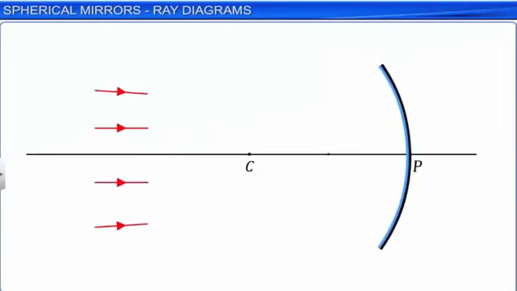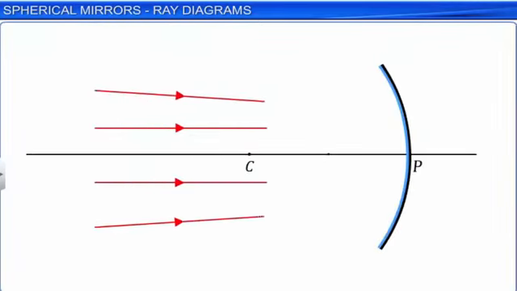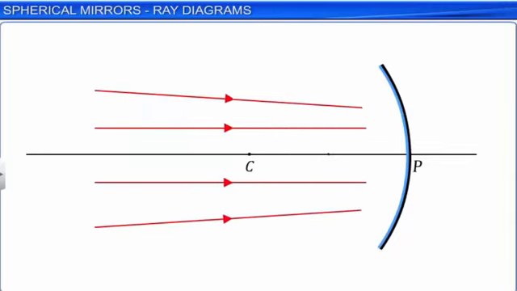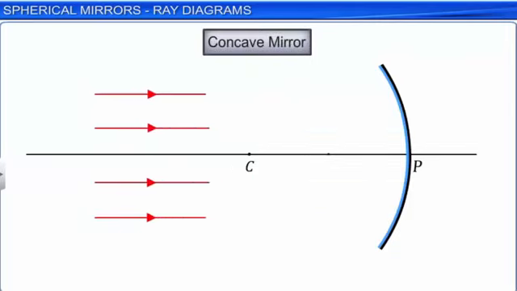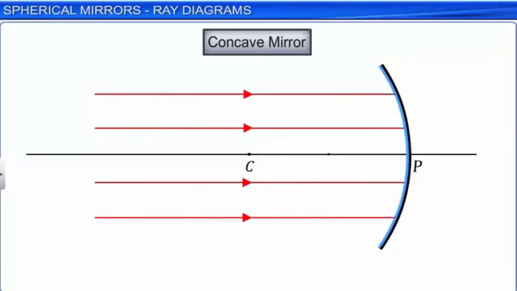If rays of light from an object make small angles with the principal axis and are incident at points close to the pole, the rays are called paraxial rays. Paraxial rays, parallel to the principal axis, after reflection from a concave mirror, converge to a point on the principal axis.